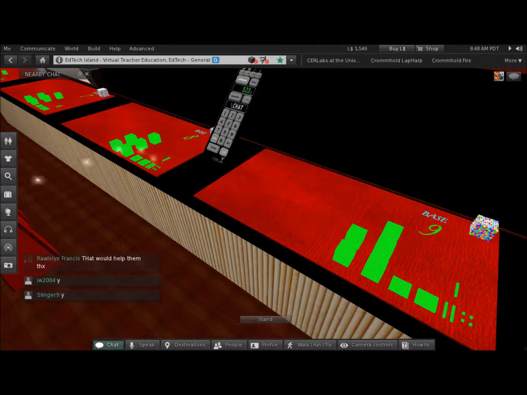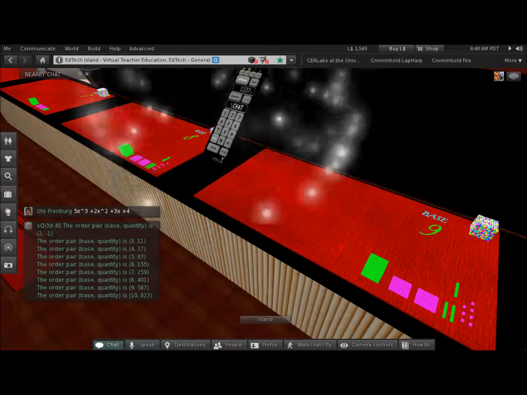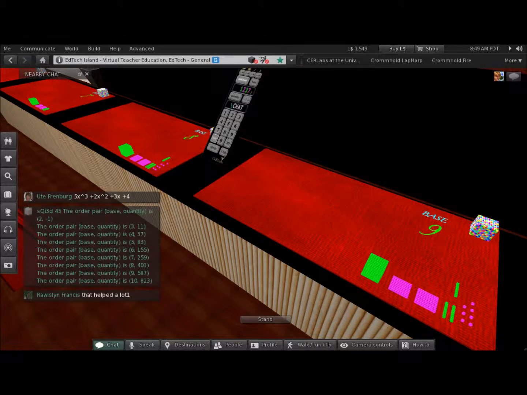And with a little bit of color, we can actually show the negatives. So I'm going to show you a negative one. And here is a new equation. Now the magenta are negative. They're the opposite of green.